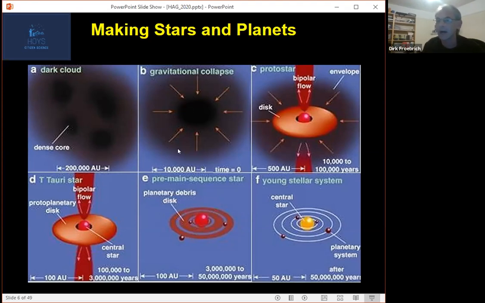They all rotate a tiny bit when they start, and the material is moving inwards, so it gets closer to the rotation axis. Let's say it's here where I'm moving my mouse up and down. And as soon as you move material closer to the axis of rotation of a system, the rotation rate will increase. So the frequency of rotation of that cloud will go up.